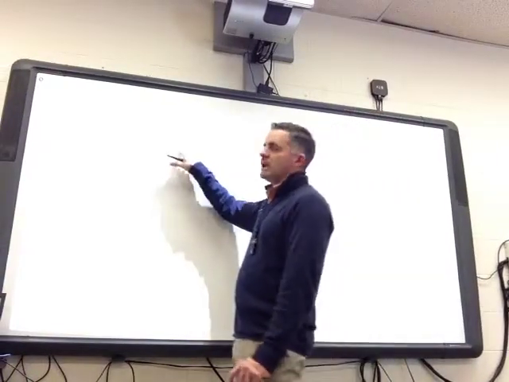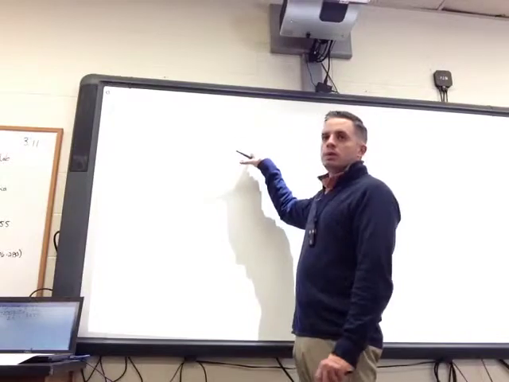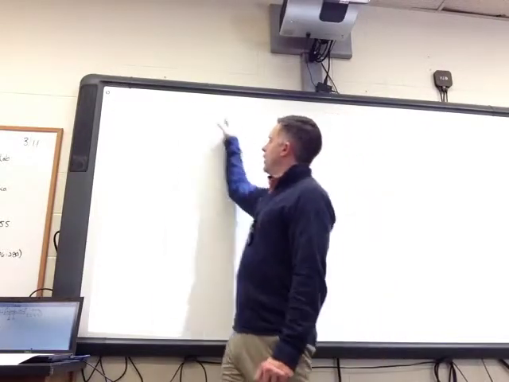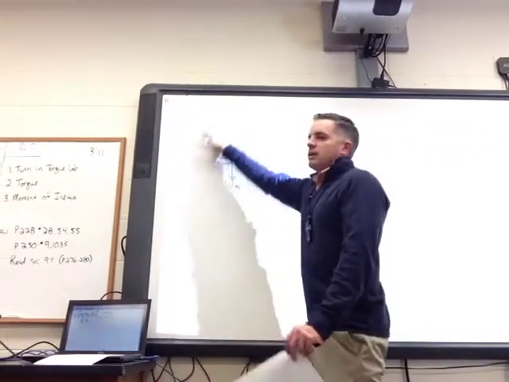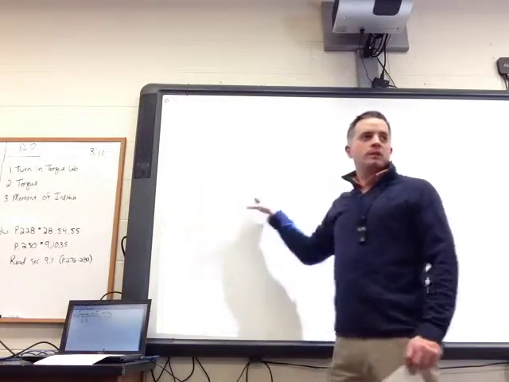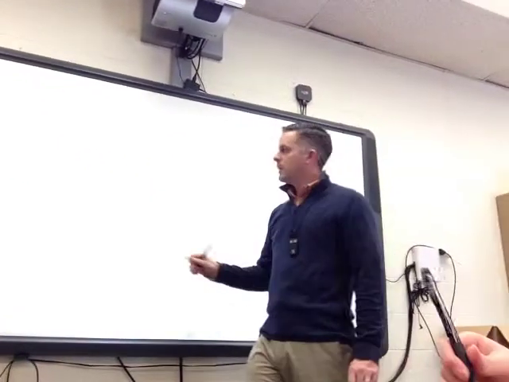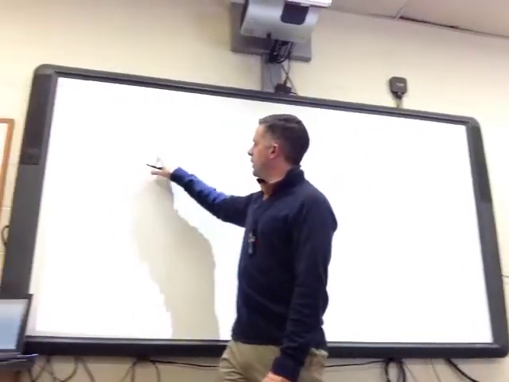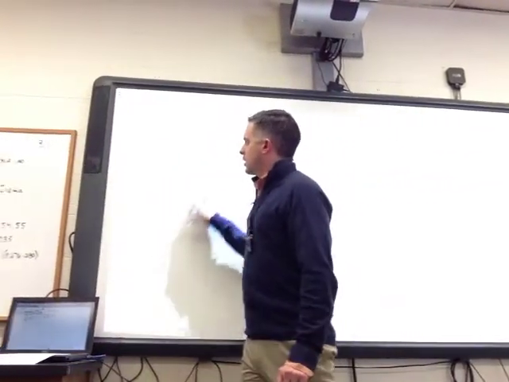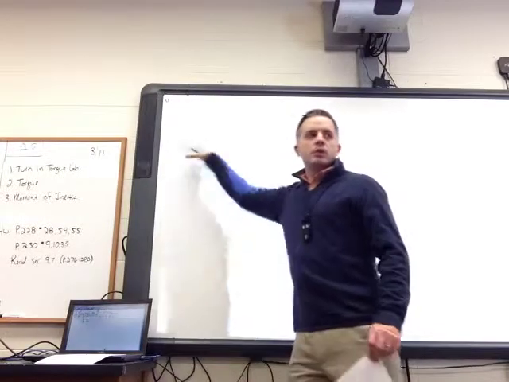All right, so if I look at this, F2 is going to cause it to rotate in the positive direction, correct? So I'm going to leave the torque 2 as positive. The torque because of the weight of the stretcher is going to cause it to go clockwise, which is negative.